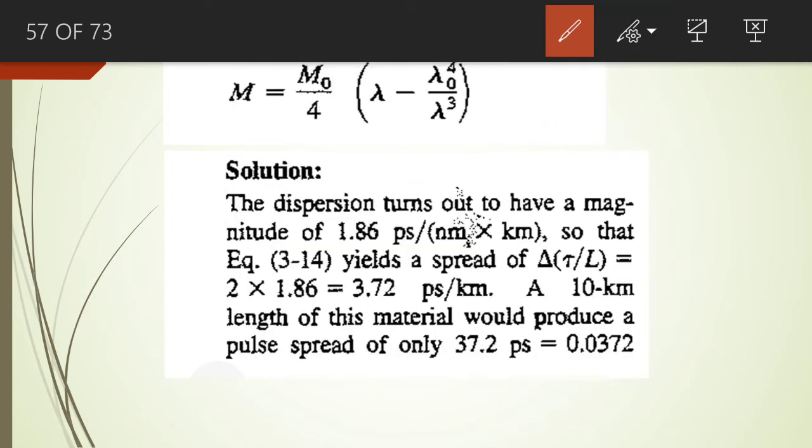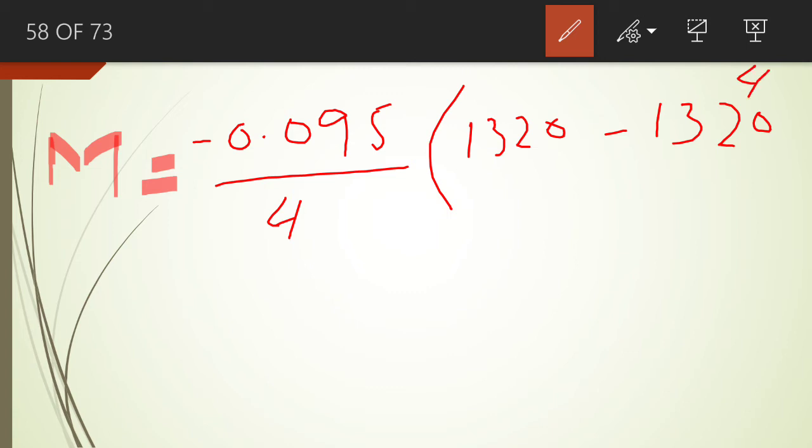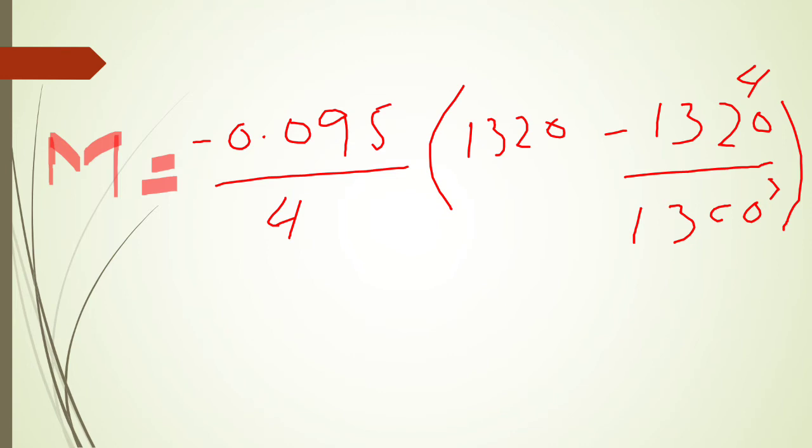So let us calculate the value of m with the help of this equation. m will be equal to minus 0.095 divided by 4, and then we have lambda, which is 1320, minus 1300 raised to power 4 divided by 1320 raised to power 3. Let me verify the equation once again.